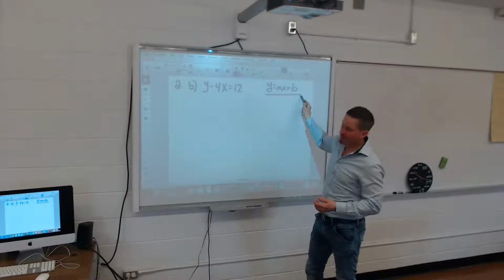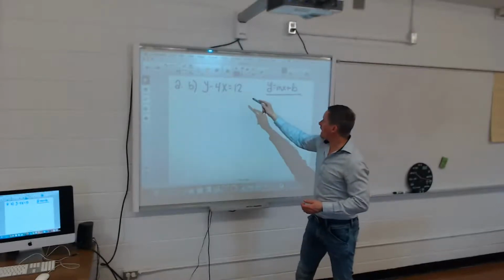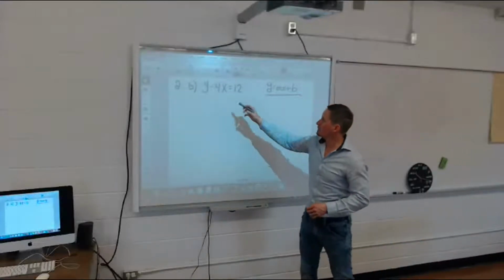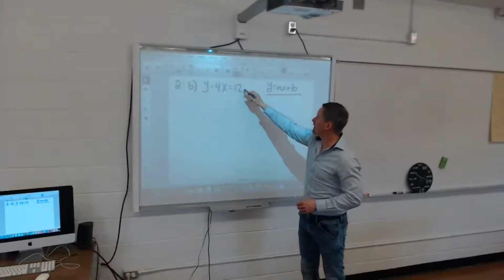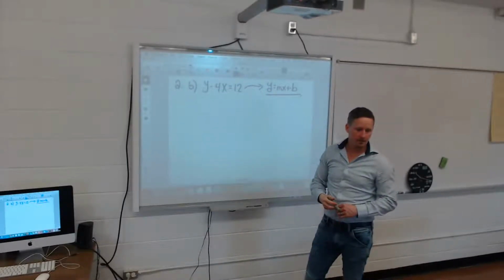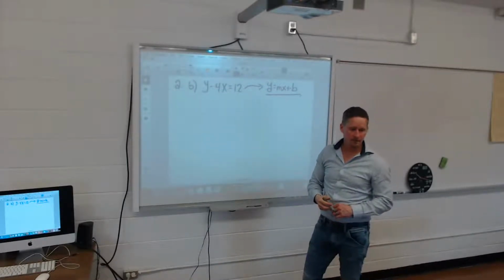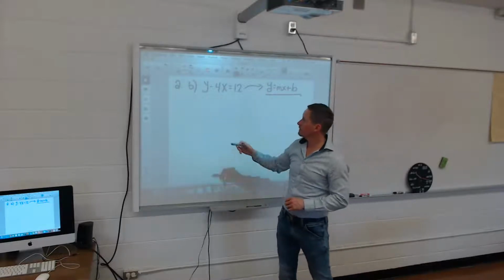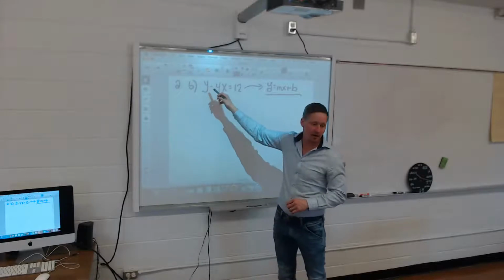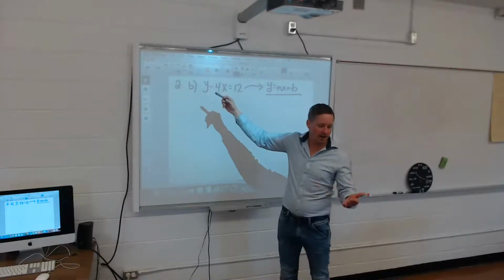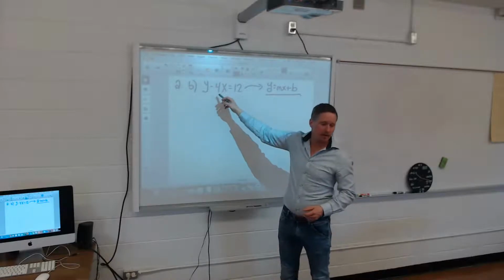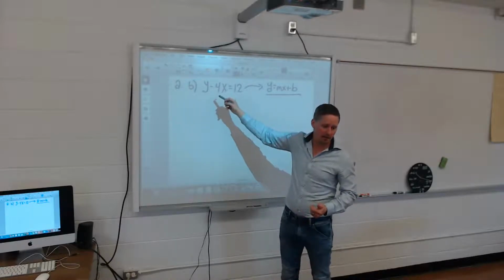So how do I make that look like this? What do I have to move in order for this to look like that? The equal sign. Yeah, and where would I have to move it to? I'd have to move it over to here, correct? Which I can't move an equal sign. But I can move -4x, can I not?